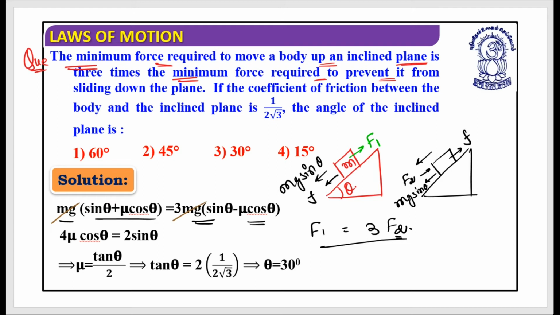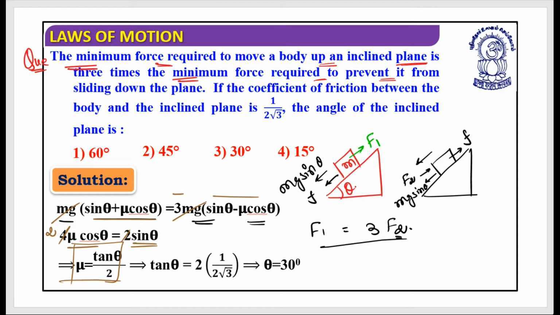So I am left with sin theta plus mu cos theta on this side, and here it's 3 sin theta minus 3 mu cos theta. That gives 4 mu cos theta equal to 2 sin theta, so mu is equal to tan theta by 2, since sin theta by cos theta is tan theta.